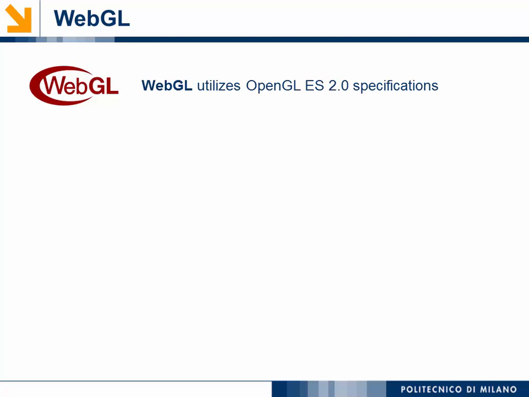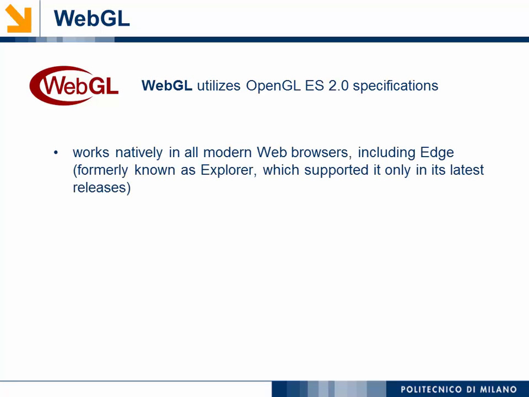WebGL instead utilized just the subset we described in terms of specification, and works natively in all modern web browsers, including Edge. Up until recently, only the latest version of Explorer was able to fully access WebGL. It utilizes the HTML5 canvas element for drawing, thus solving all the issues related to how to visualize the content of your frame buffer.